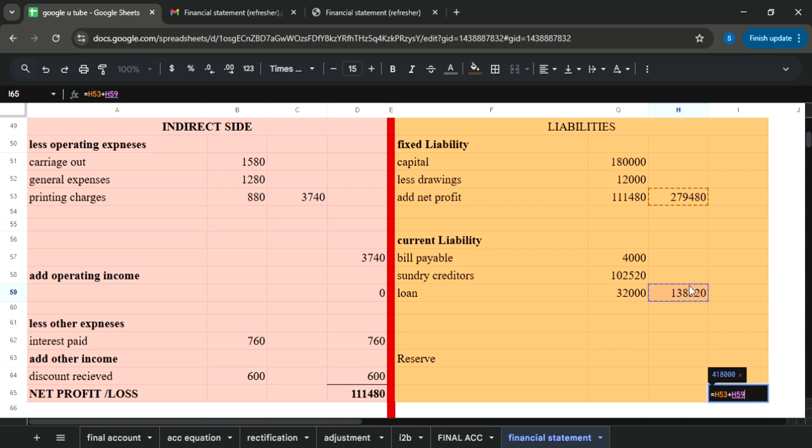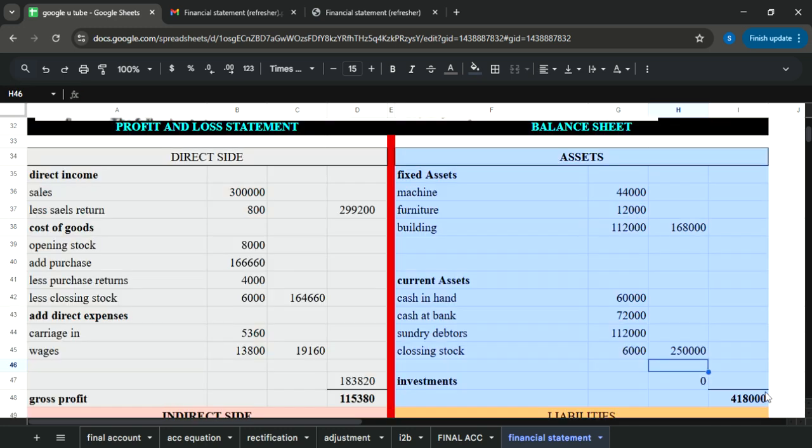You will take sum, and we have got 418,000. Reserves were not present in this question, so it's 0. Now one thing is very interesting. You can see total of liability side 418,000, and total of asset side 418,000, both are equalized. It means our question has been completed.